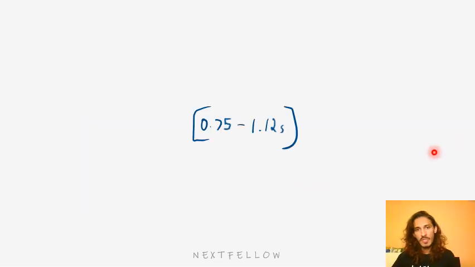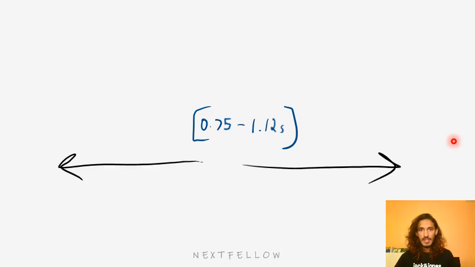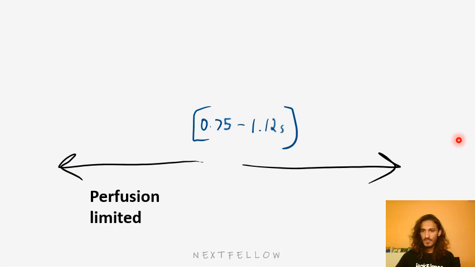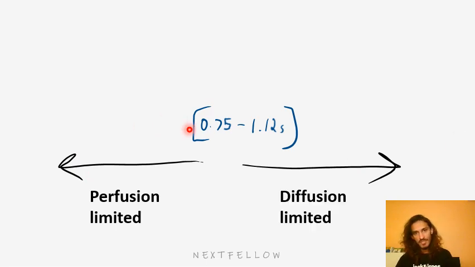So again, let's take a look at the transit time, 0.75 to 1.12 seconds. In this transit time, if that particular gas takes lesser time than this, then it's going to be perfusion limited. If it takes around this time or more than that, then the problem is not with the perfusion, it's in the diffusion, so that is diffusion limited.